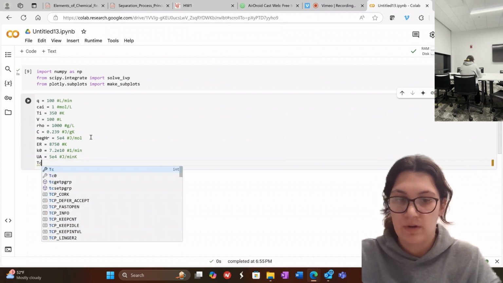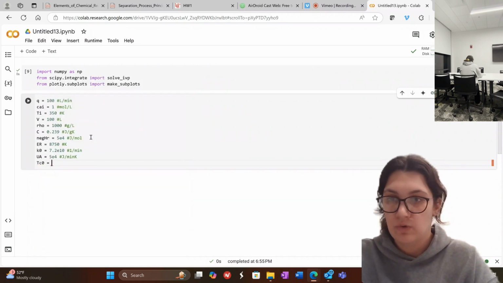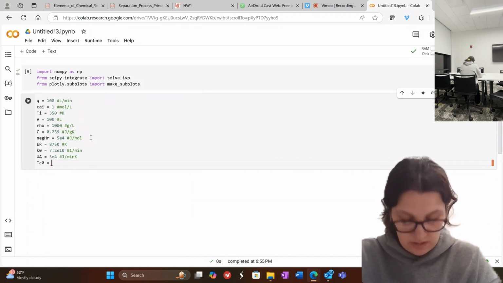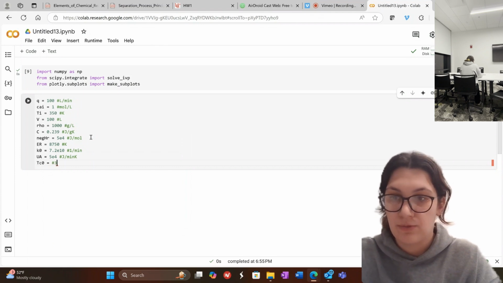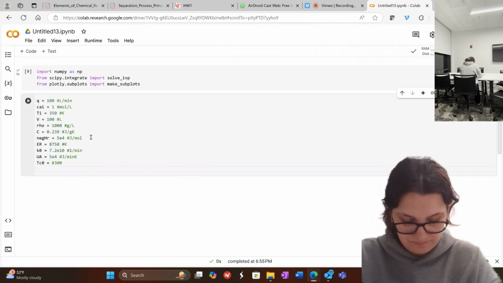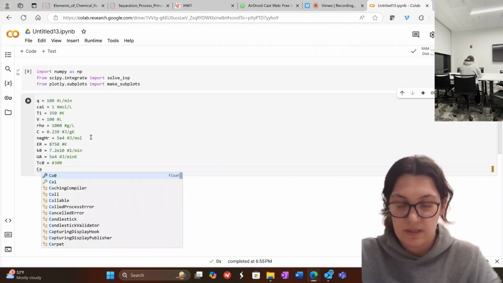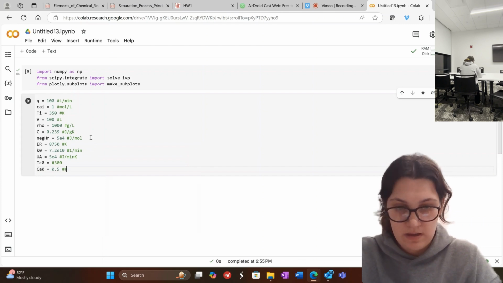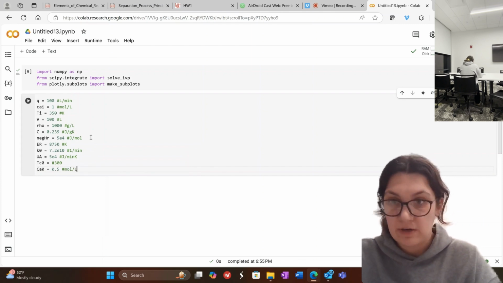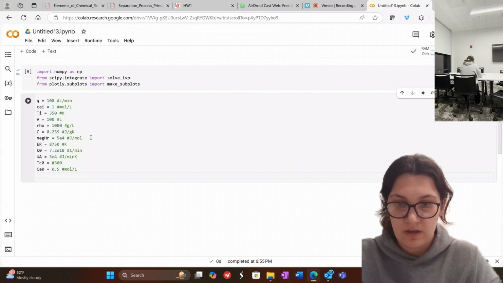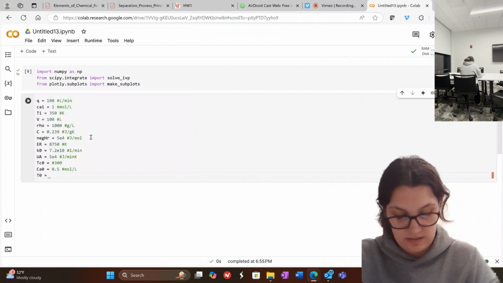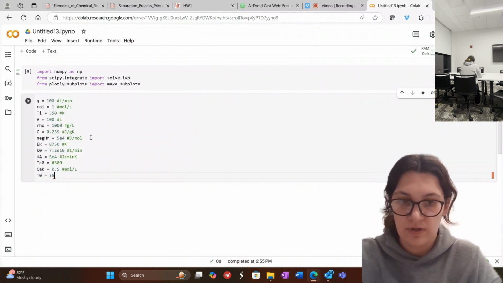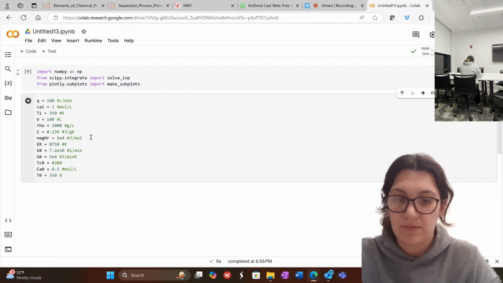We have our initial coolant temperature at 300 Kelvin. CA naught at 0.5 moles per liter. And our T naught at 350.